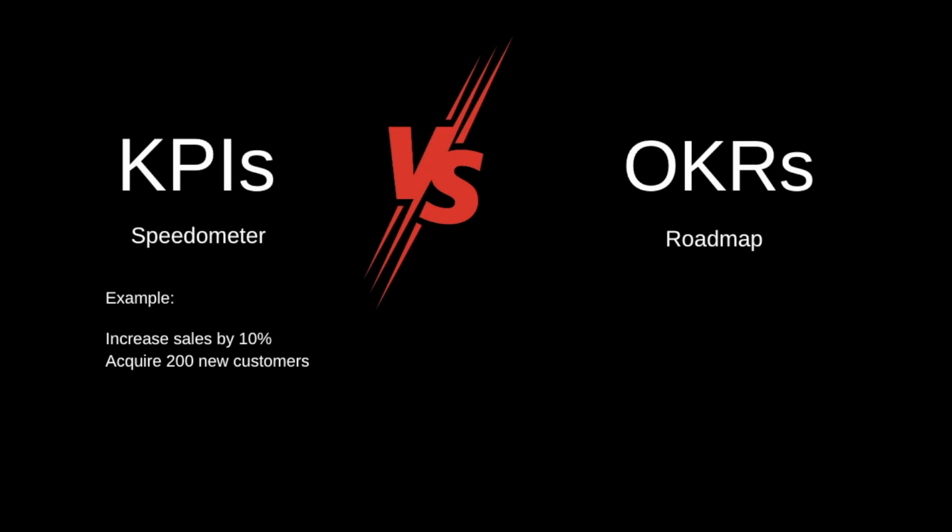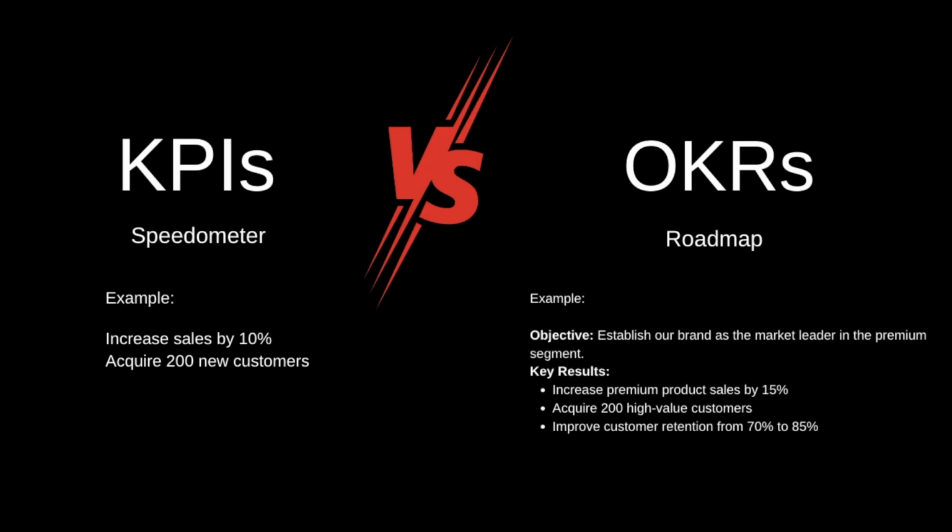These are clear numbers. But here's the problem. Employees know the target, not always the reason behind it. Are we increasing sales to enter a new market, to improve profitability, to beat a competitor? Without direction, teams focus only on hitting numbers, sometimes at the cost of strategy.